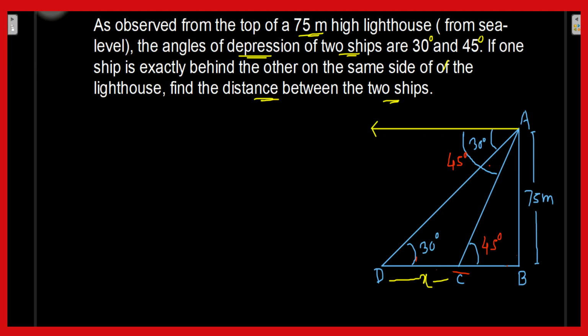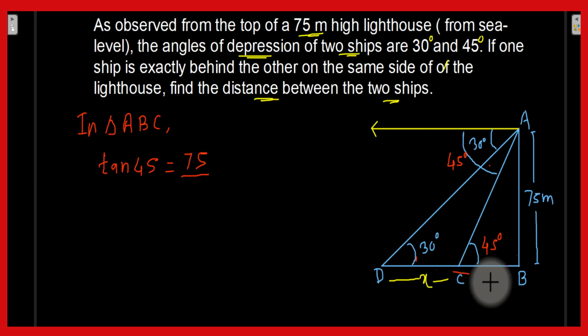In triangle ABC, here we have tan 45 is equal to opposite side upon adjacent side. Tan 45 is equal to opposite side, that is 75, upon adjacent side, which is BC.